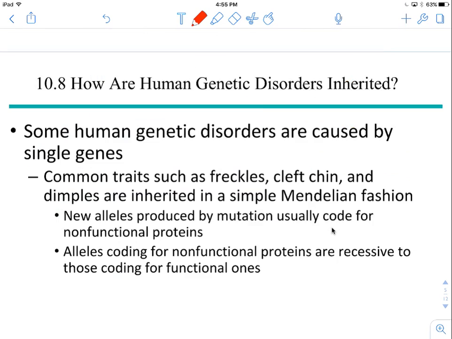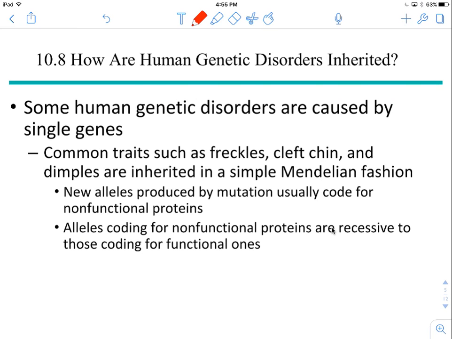As much as we've been talking about human genetics exhibiting multiple alleles, polygenic traits, pleiotropy, epistasis, all that kind of stuff, there are a lot of human traits that are caused by single genes. Freckles, cleft chin, dimples. They are inherited in just normal Mendelian fashion.